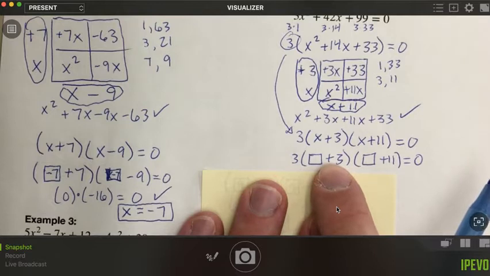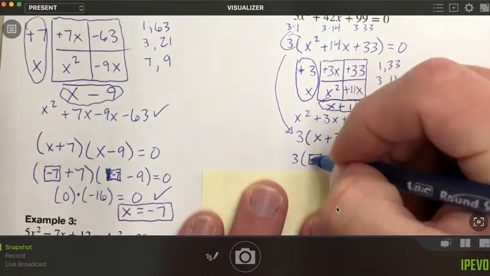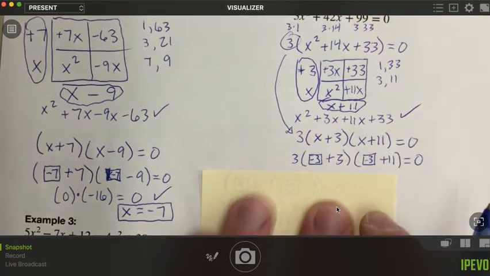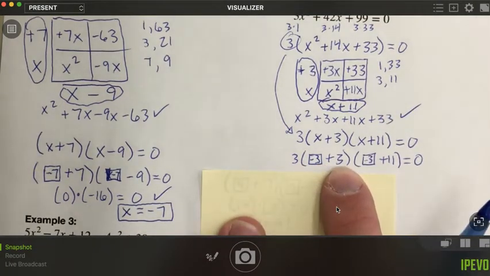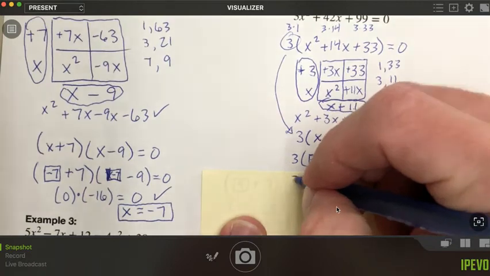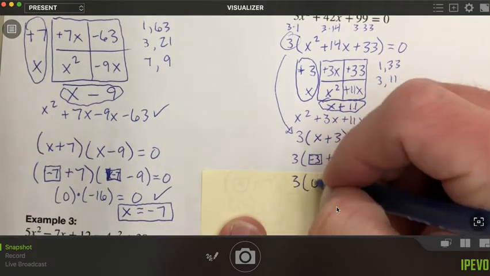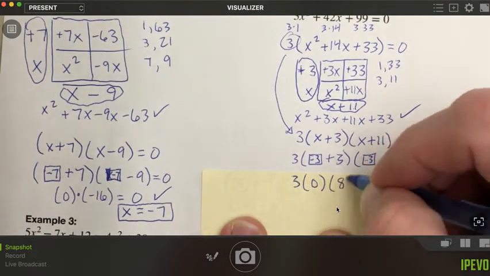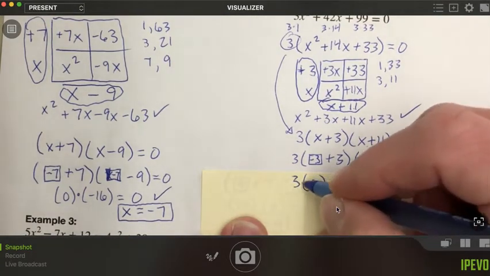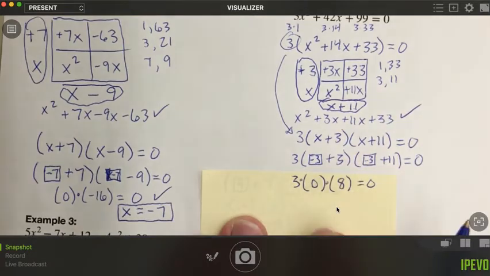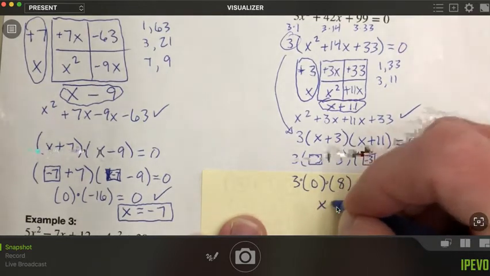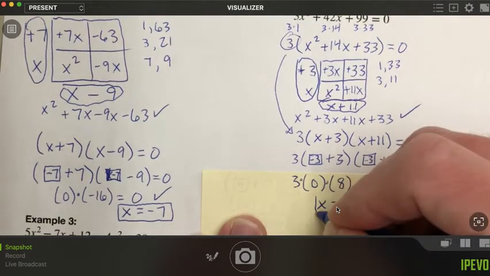Well, if I'm adding 3, I'm betting if I put a negative 3 in here, that's going to work, because negative 3 plus 3 will be 0. So this will become 3 times 0. Negative 3 plus 11 will be 8. Well, if it's multiplication between all these, 3 times 0 is 0, times 8 is still 0. So this checks out. So x equals negative 3 must be one of the solutions.